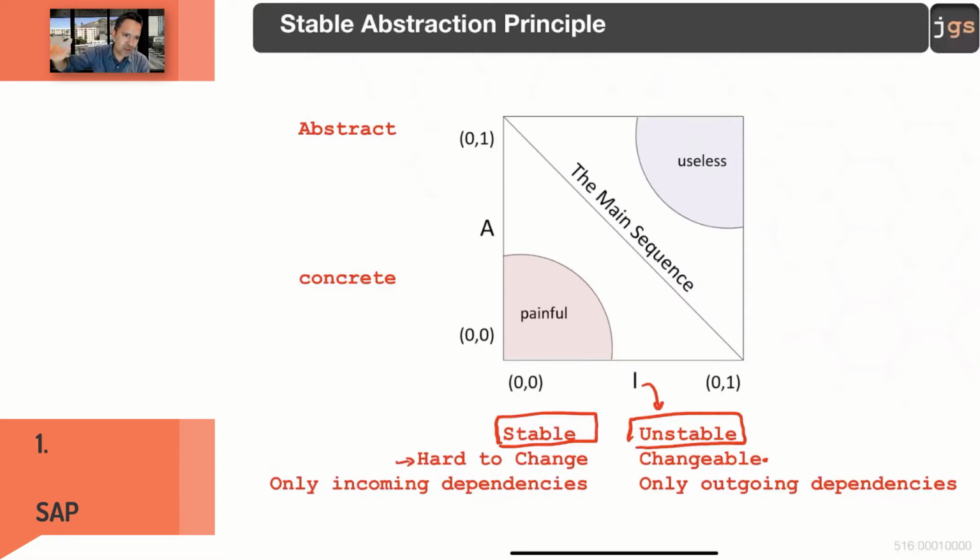Well, you need to verify abstractness also, but usually a high number is okay for a normal class, a class that is not abstract. So stable means hard to change, with only incoming things. Unstable can change, and can change because mostly you have outgoing lines.